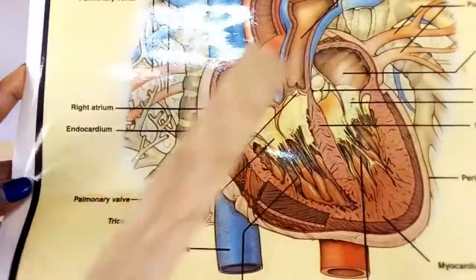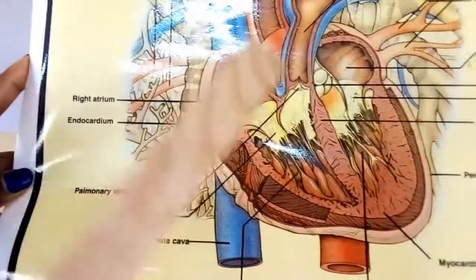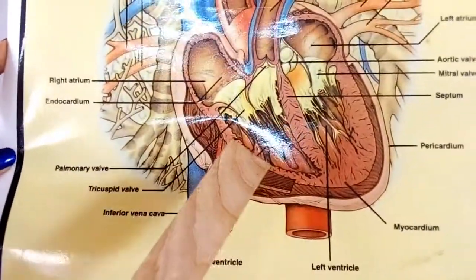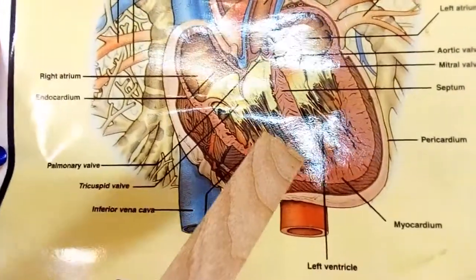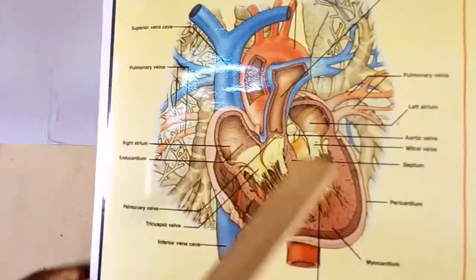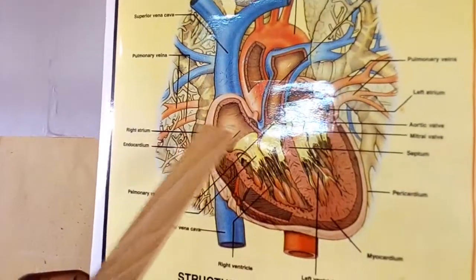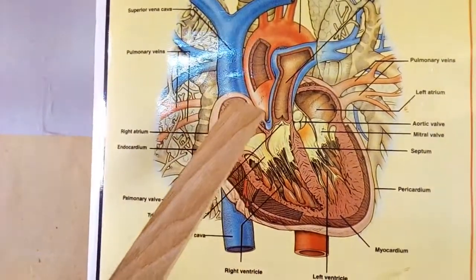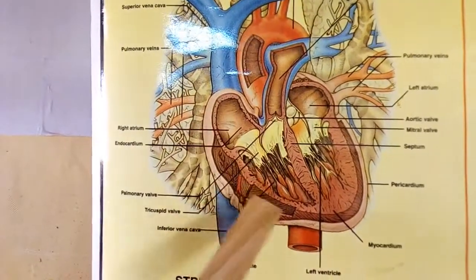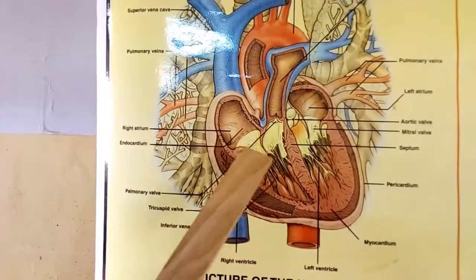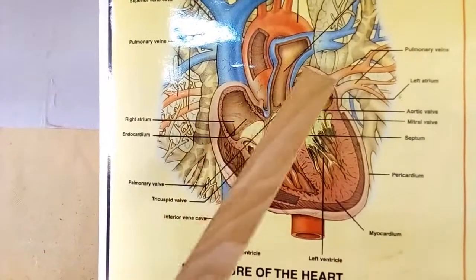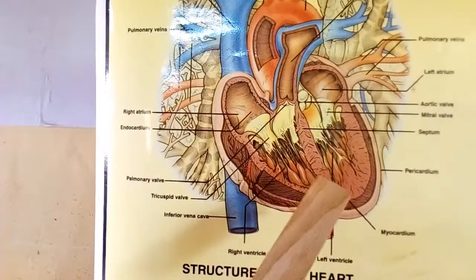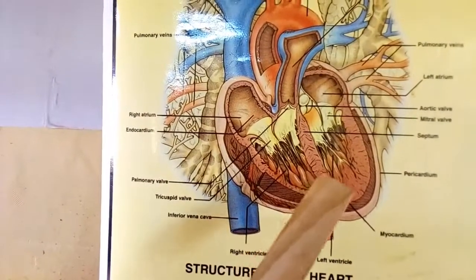So the upper chambers, guys, are for receiving blood, and the lower chambers are for pumping blood away from the heart. If we compare the thickness of cardiac muscles between the upper chambers and the lower chambers, you will realize that the upper chambers have thin cardiac muscles compared to the lower chambers that are known as ventricles.